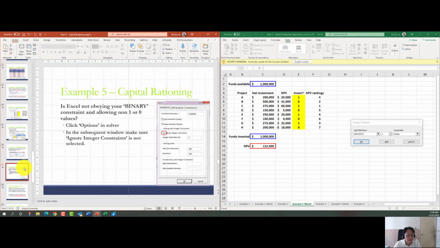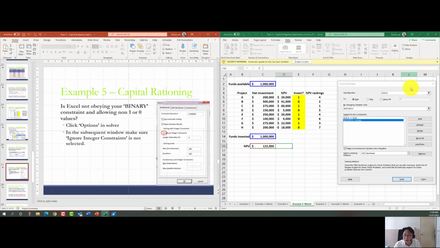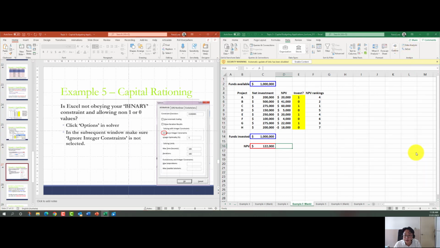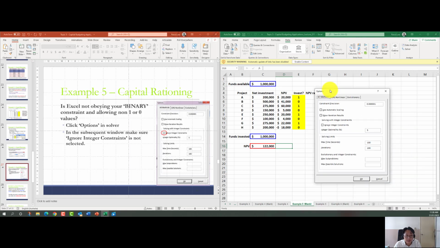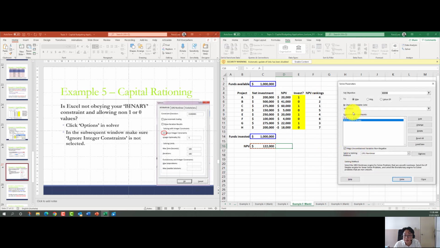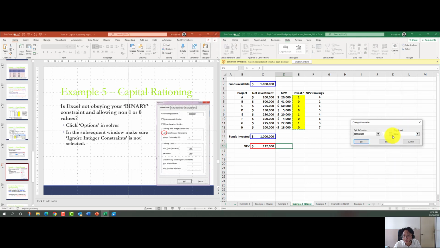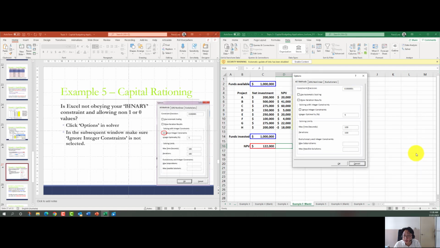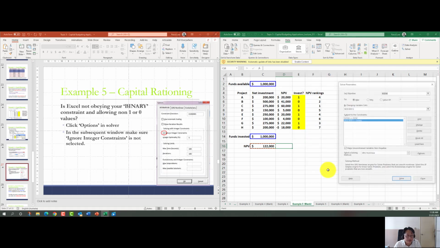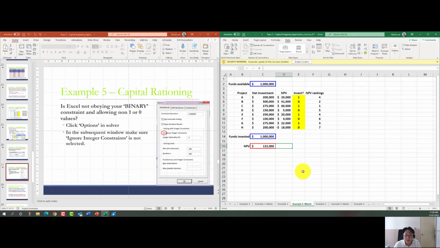The other thing to be aware of is that if you're still having issues and it's giving 0.5 and so forth, go into options and choose ignore integer constraints. So far with my example, it's worked perfectly without any issues, but if you are having issues, change that to binary bin, or go to options and say ignore integer constraints, and that should solve your issue.